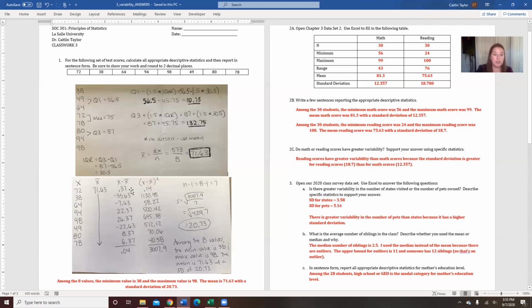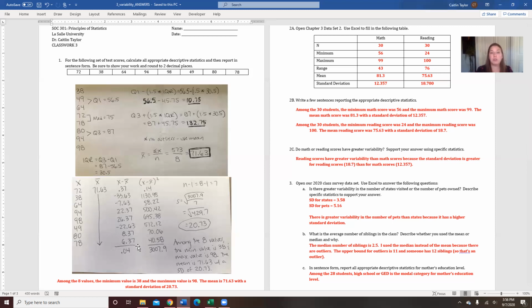Okay, so in column 3, our x minus x bar, same thing: 30 minus 71.63 gives us negative 33.63. 64 minus 71.63, negative 7.63. Do that all the way down, right? So we have all of the values. Remember, at the end of column 3, here's a helpful opportunity to check your work.